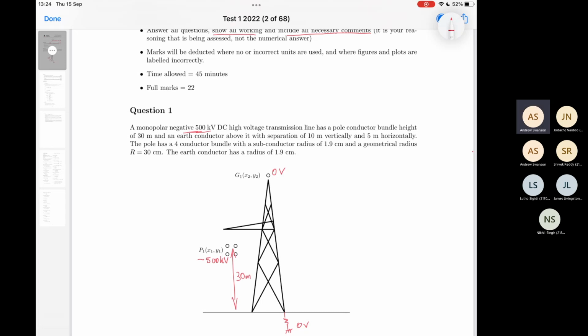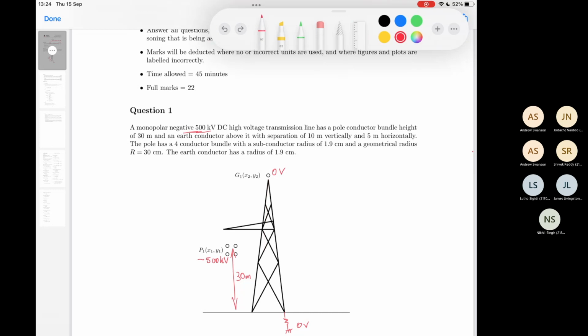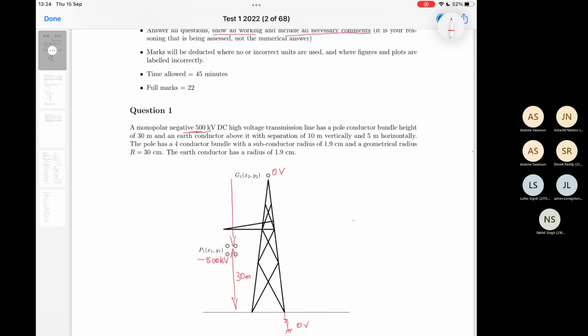Your vertical height, your bundle height, is 30 meters. Your earth conductor is 10 meters above that and 5 meters horizontally.